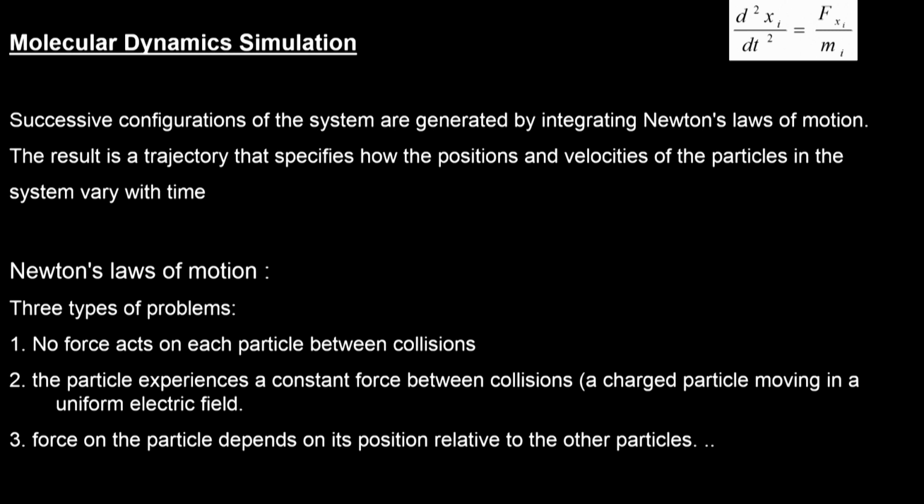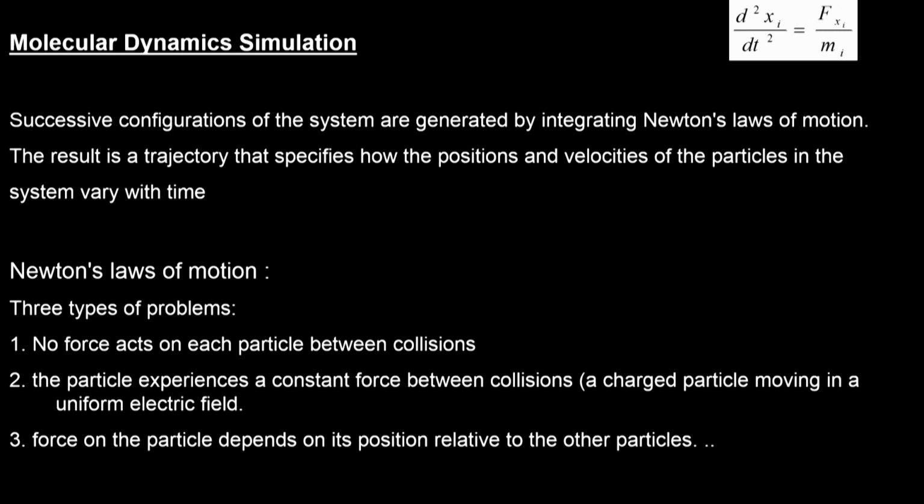It gives a trajectory that specifies how the position and velocity of the particles in the system vary with time. As you solve, you know the coordinates x_i at the time t_i. When you go to t_i plus delta t, you will find a new x_i plus delta t and so on. So basically you are solving Newton's law of motion. There are three types of problems.